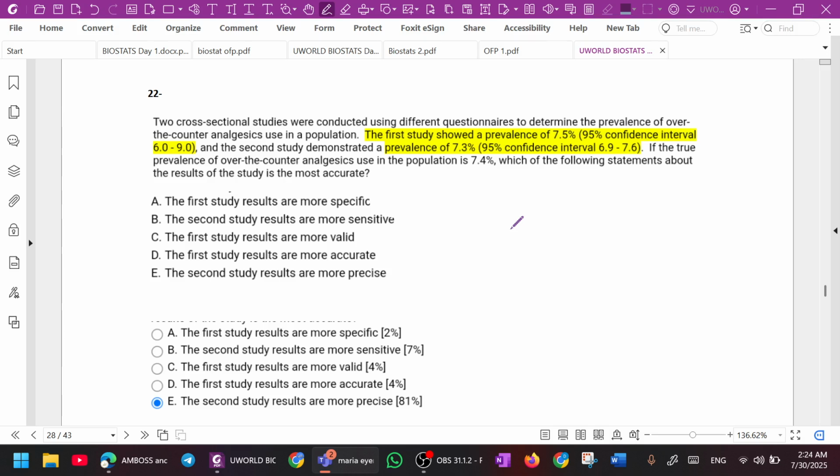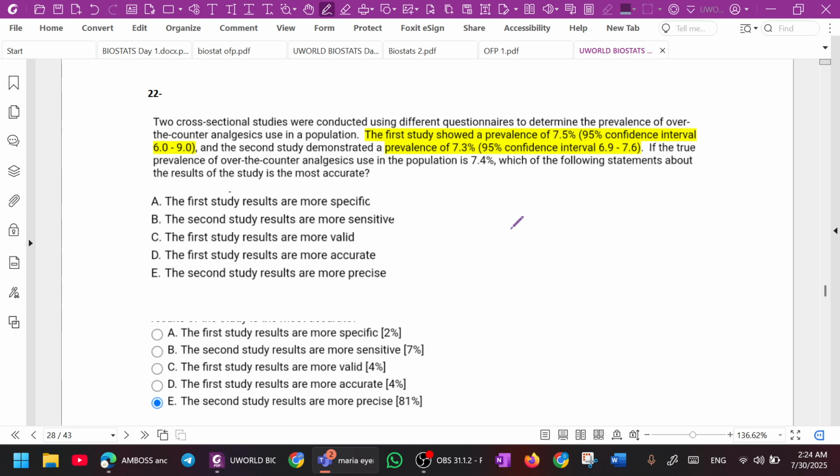If we put these three things side by side, 7.3, 7.4, and 7.5, I think that 7.3 is more precise. What can I say? I can't explain that, but I guessed.